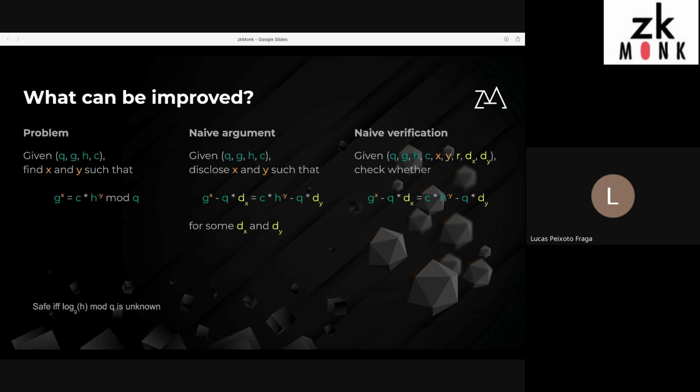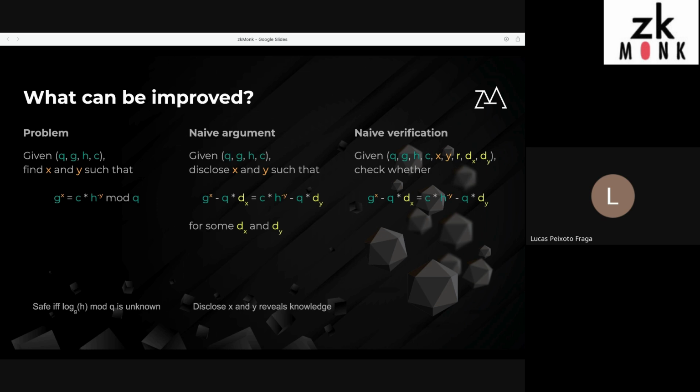And this is something that we really don't want. Another thing that can be improved is, well, we are disclosing x and y, and this reveals knowledge, right? The prover might want to keep x and y private, and this is not the case in this protocol. This is why it is naive, okay?